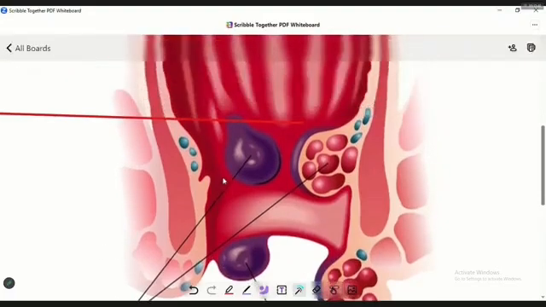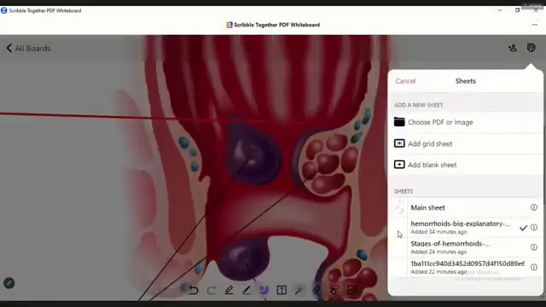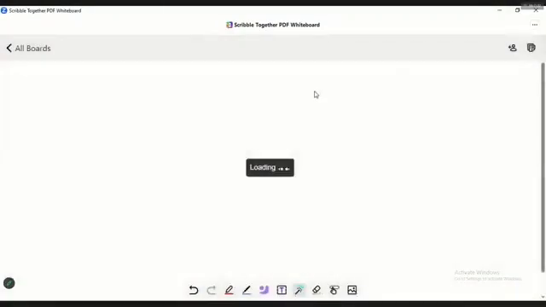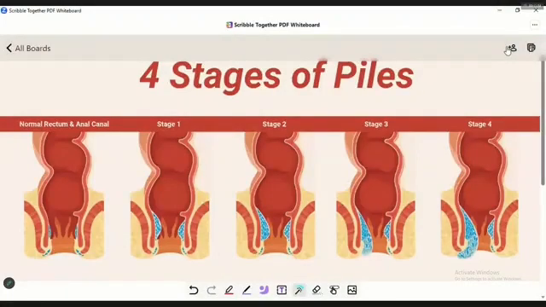The internal hemorrhoids usually aren't painful unless you reach stage 4. So I would change the image to see a better picture of the stages of internal hemorrhoids. As we see here, the normal rectum is in this corner.